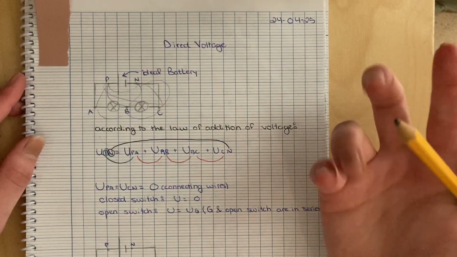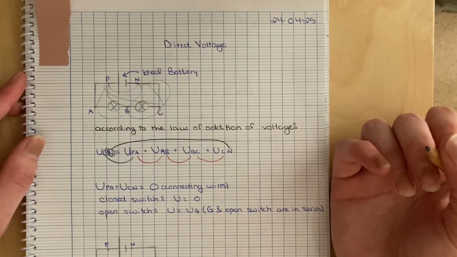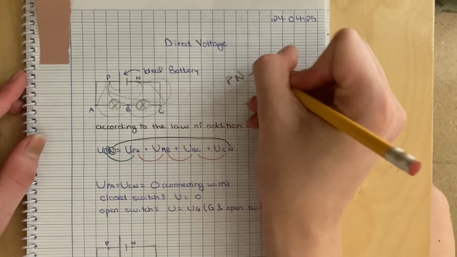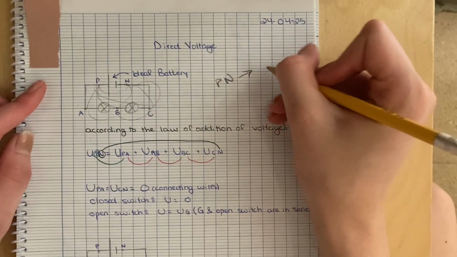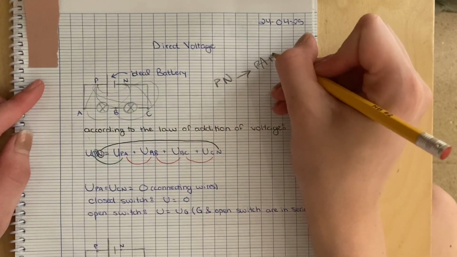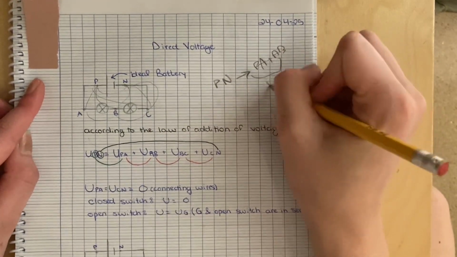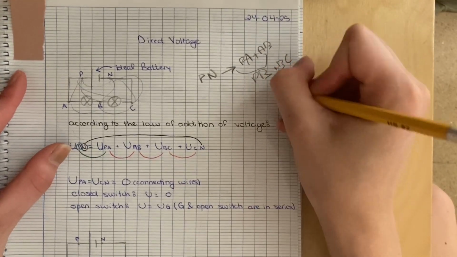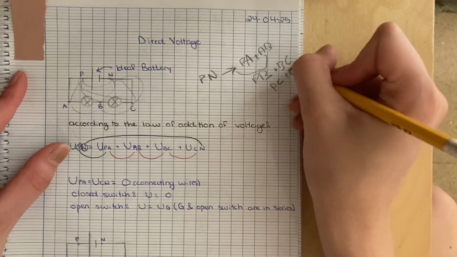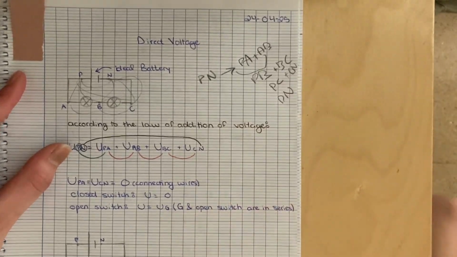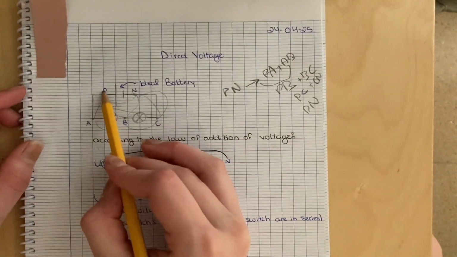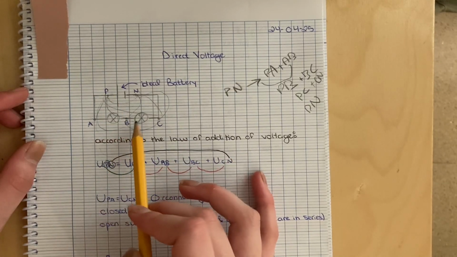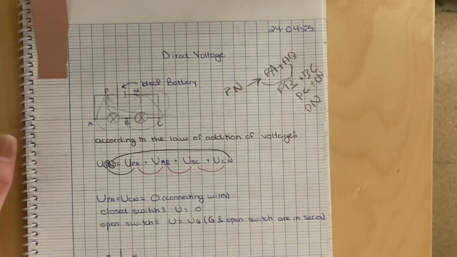This is like Chasles' law, like we took in math: Pn goes to PA plus AB, this becomes PB, plus BC becomes PC, plus Cn becomes Pn. So you can use that law. If you're trying to find voltage Pn, you can add voltage of PA plus AB plus BC plus Cn. Easy rule.